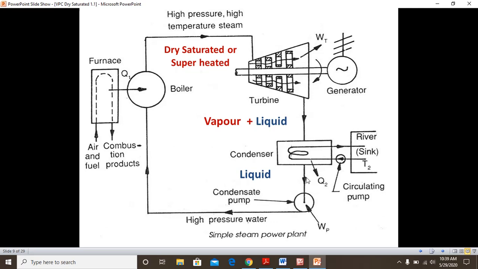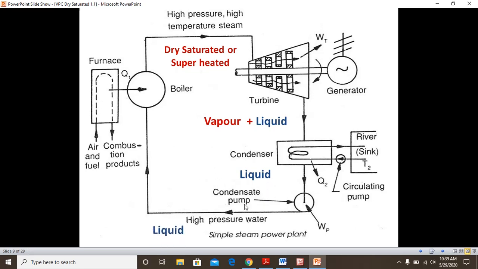What is the condensation process? Condensation is the process of conversion of liquid plus vapor, or vapor, to the fully liquid phase. That happens at constant saturation temperature. Then the liquid will be pumped to the boiler.